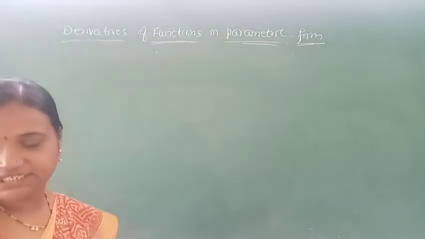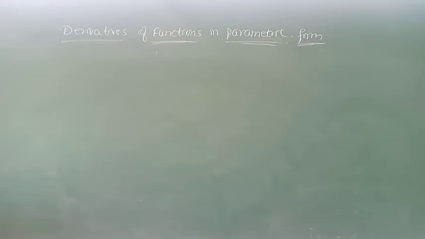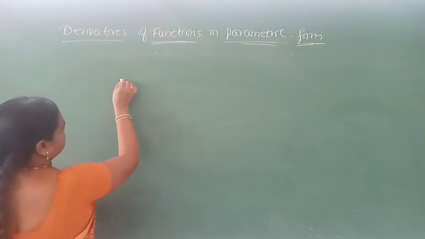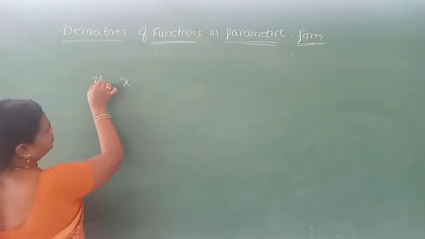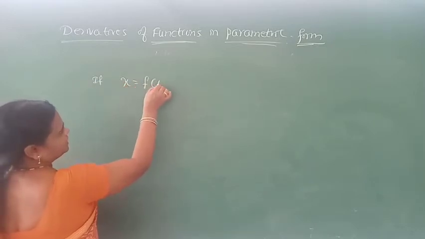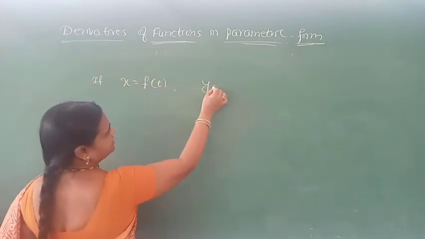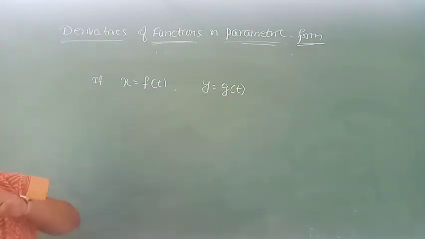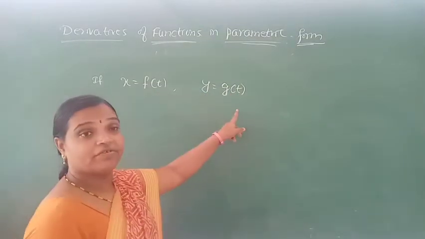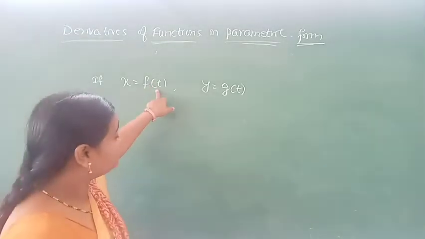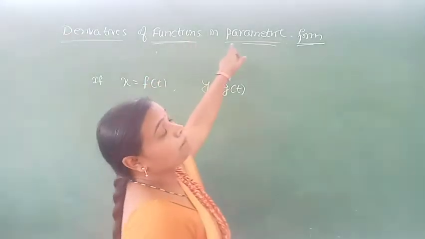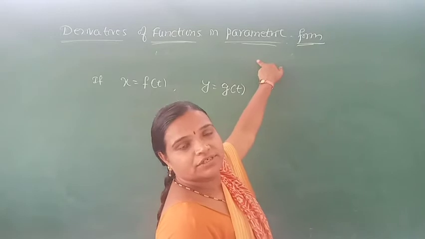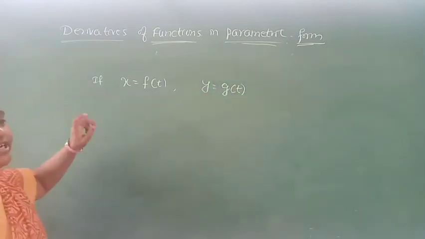Or in general, just remember this. If x is equal to f of t and y is g of t, meaning both x and y depend upon another variable t, and that variable t is called the parameter, then we do the differentiation.